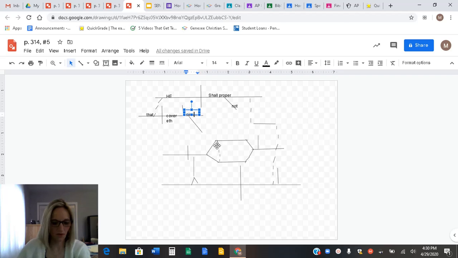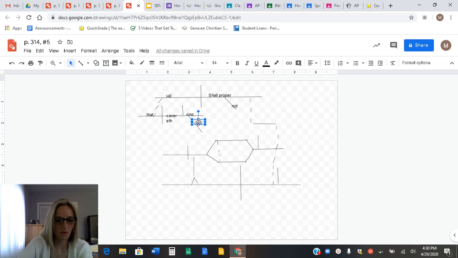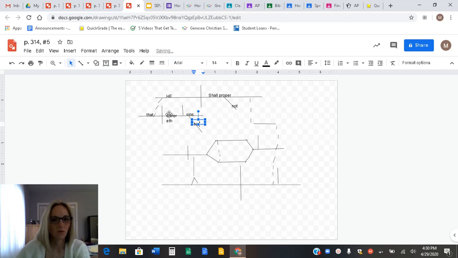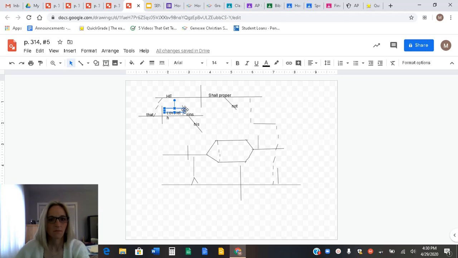Sins. That covereth his is describing sins. It's telling me whose, right? Okay, so he that covereth his sins shall not prosper. Okay, what needs to go here on our chair?